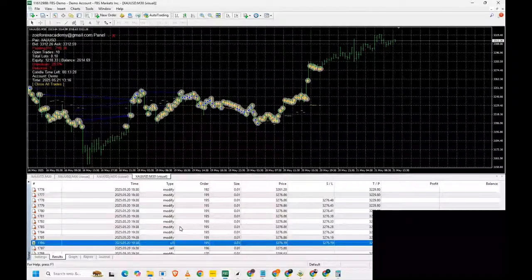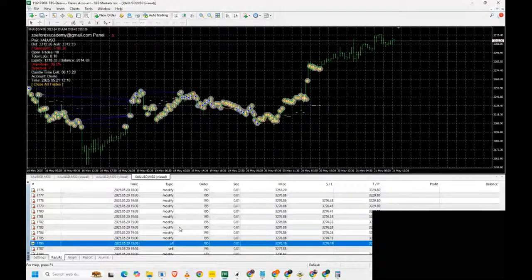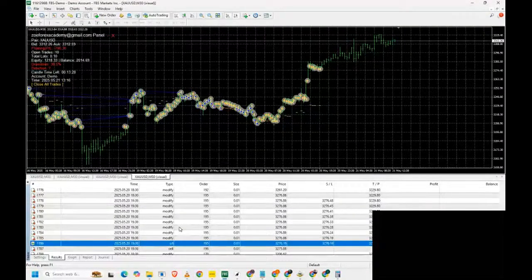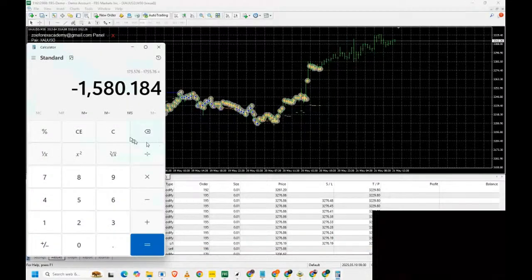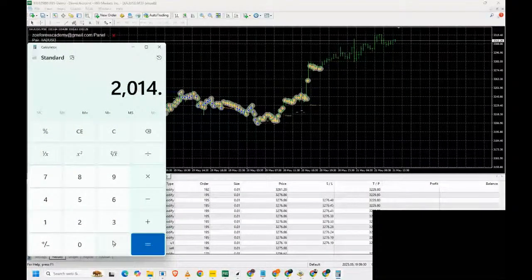So let's see, assume I was taking it down. It means 10% of 2014 will be 201.46, and 2014 minus that will be around 1800 or 1900 thereabout.